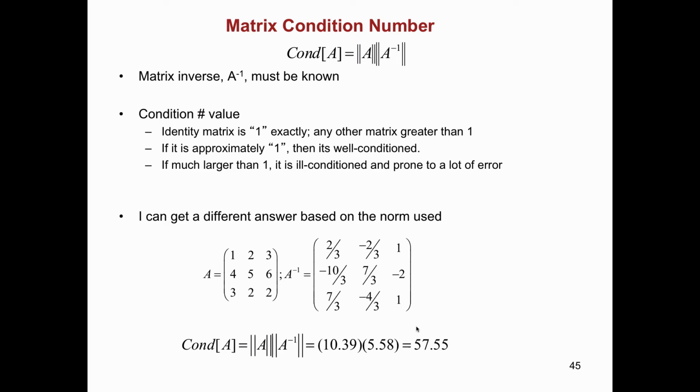My condition number of A is norm of A times norm of inverse of A in any norm. Let's say that I have my matrix A defined as this, and I give you that this is the inverse. Could you quickly compute norm 1 of A, norm 1 of A inverse, and then compute the condition number? Take a piece of paper.